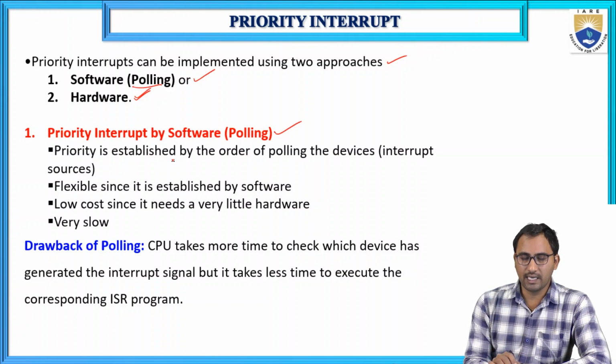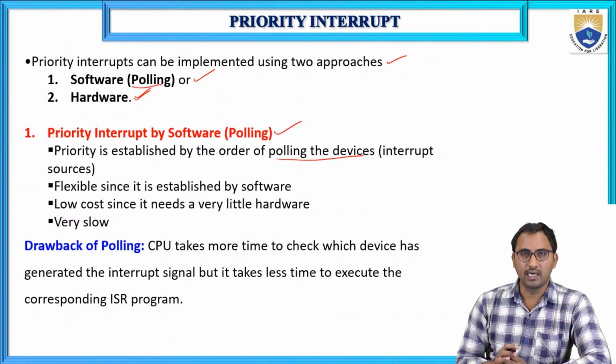The priority is established by the order of polling the devices. That means if two or more devices raise an interrupt, first we check one device. If that device has not raised the interrupt, then we check the second device. If the second device also has not raised an interrupt request, then we check the third device.